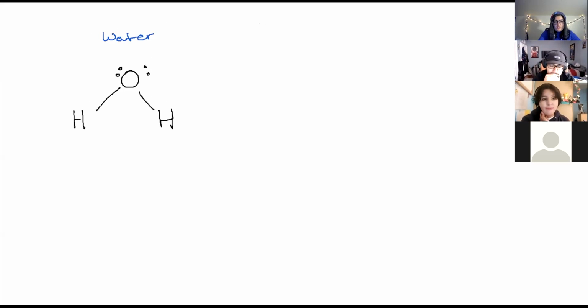Are you sure? I mean, it should be S. Remember we said we also count the lone pairs, right? Because if you have four things around it, regardless if they're lone pairs or atoms, it's sp3. Exactly, right? So this also counts. S, sp, sp2, sp3.